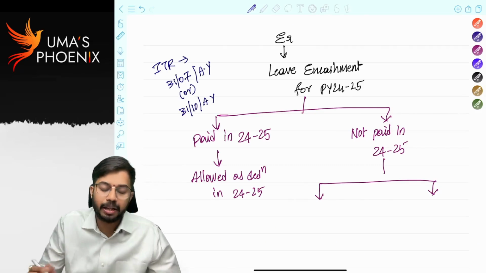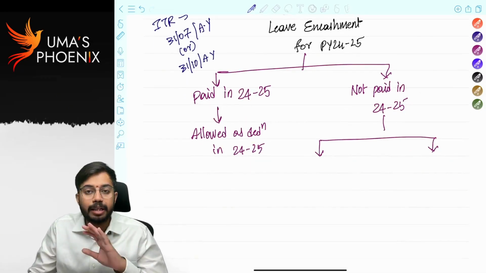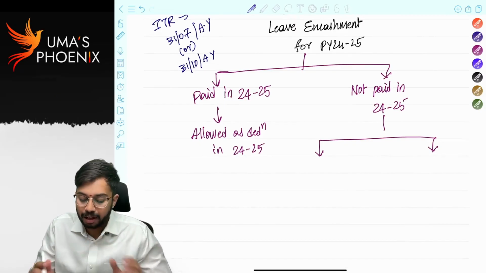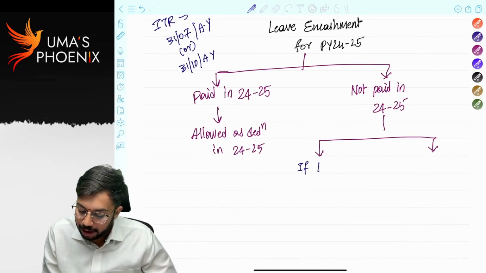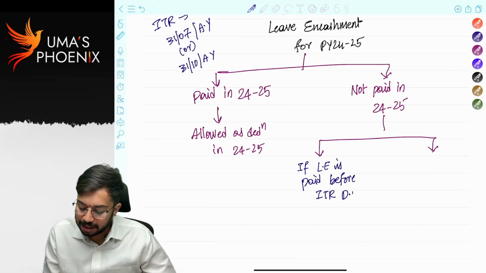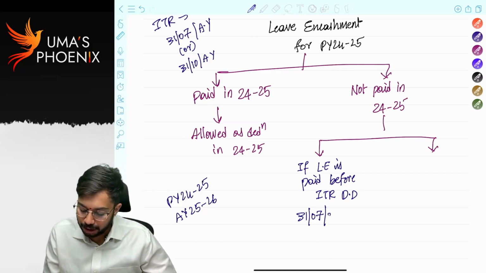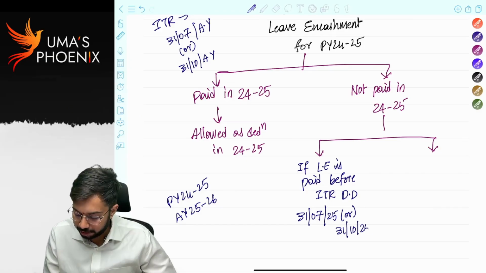If leave encashment is not paid in 24-25, then check if it is paid before ITR due date. For previous year 24-25, what is the assessment year? 25-26, correct? So 31st July 25 or 31st October 25.